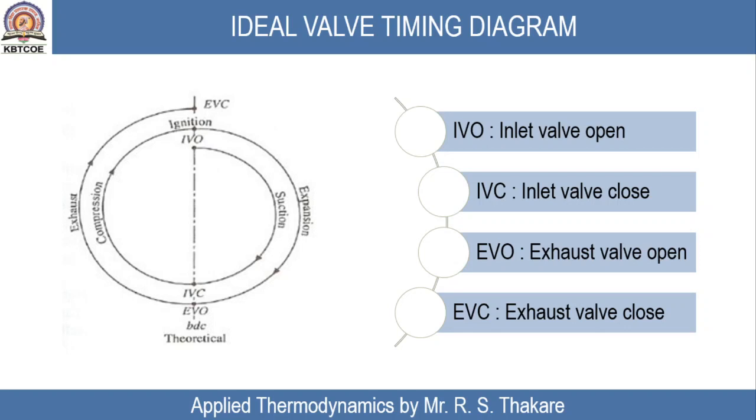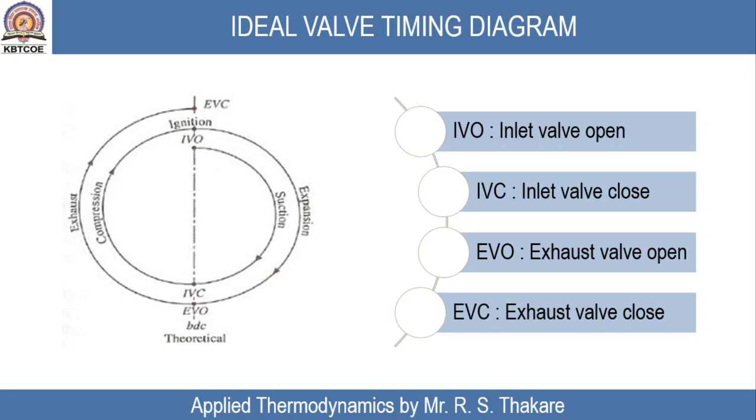Before starting with the valve timing diagram, let me refresh your concept related to the working of a 4-stroke engine. In a 4-stroke engine, one cycle is completed after 4 strokes and 2 revolutions of the crankshaft. Whenever there is half rotation of the crankshaft, that is 180-degree rotation, one stroke is completed.